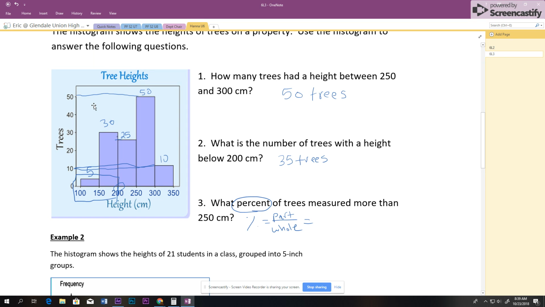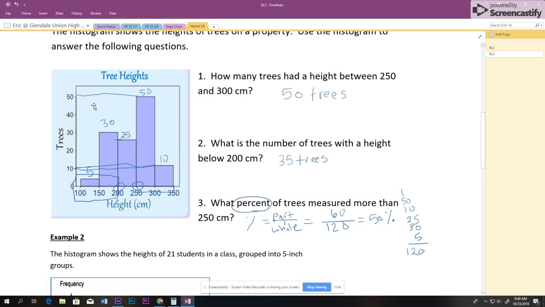So that's 50 plus 10 plus 25 plus 30 plus 5, which is 120. Now we need to know what the part is, which is more than 250. So here's 250, so that is these two bars right here, which is 50 plus 10, which is 60. So 60 divided by 120 is 50%.